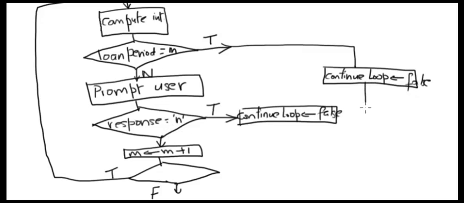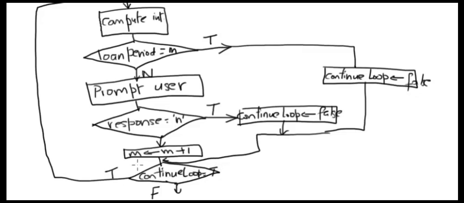And from here we go to the exit condition, and continue loop is to be true for you to continue. So if continue loop is true, we will go back and compute the interest again. If continue loop is false, we will have the condition evaluated to false and we will exit the loop.